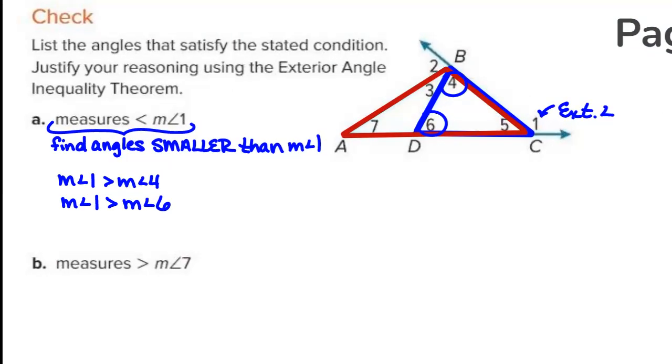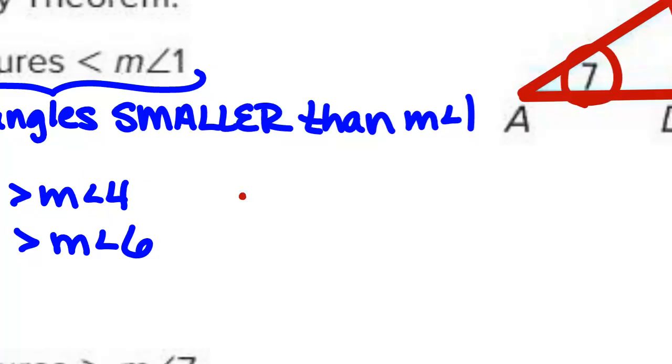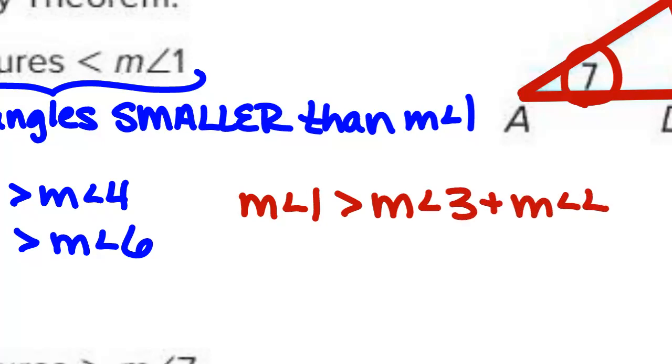What are the remote interior angles in the red triangle? 3 and 4 together, right? Because that makes up this top vertex, this top angle. What's the other remote interior angle? 7. So the measurement of angle 1 is greater than the measurement of angles 3 plus 4. Measurement of angle 1 is greater than the measurement of angle 7.